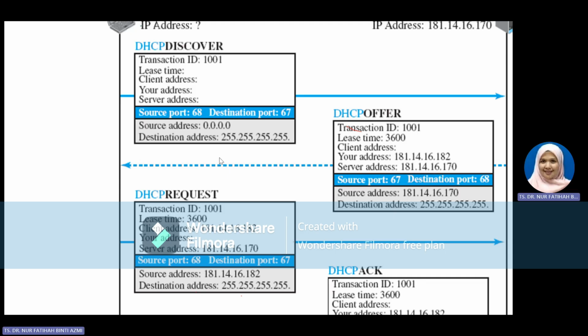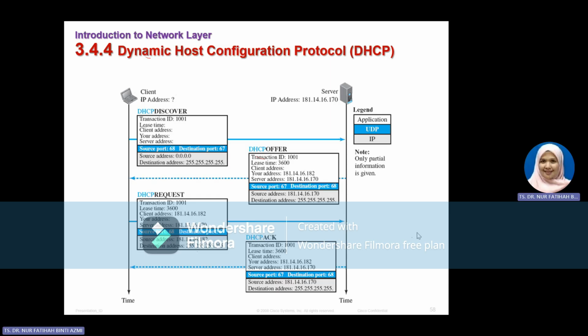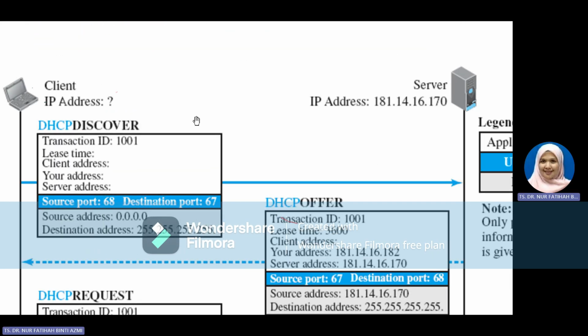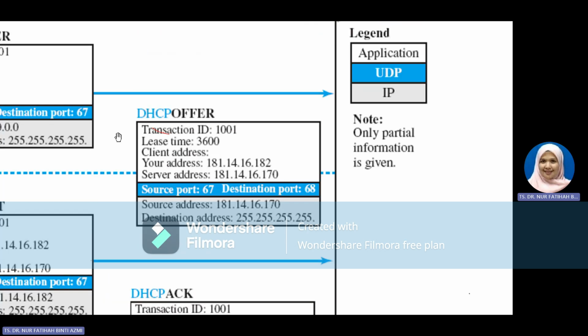And then now we are at the DHCP server. We can see this is the IP address of the DHCP server, 181.1.4.1.6 and 170. It hears this shout, and then it will respond using the DHCP Offer.